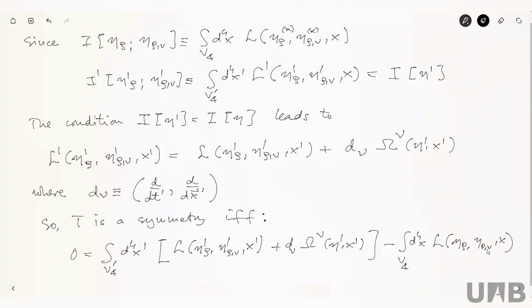So this has to be 0. That's the condition we will have to work out now and see what it gives us. Okay, and is that clear up to now?